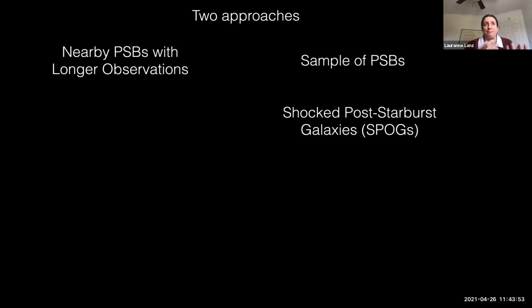This gives us a population of post-starbursts that are on average younger than the classical E+A categories, because we allow potentially other energizing mechanisms, shocks, AGNs, and so on, that the classical characteristic would tend to throw out. We had looked at a set of SPOGs with Karma and IRAM to get a measure of their molecular content.